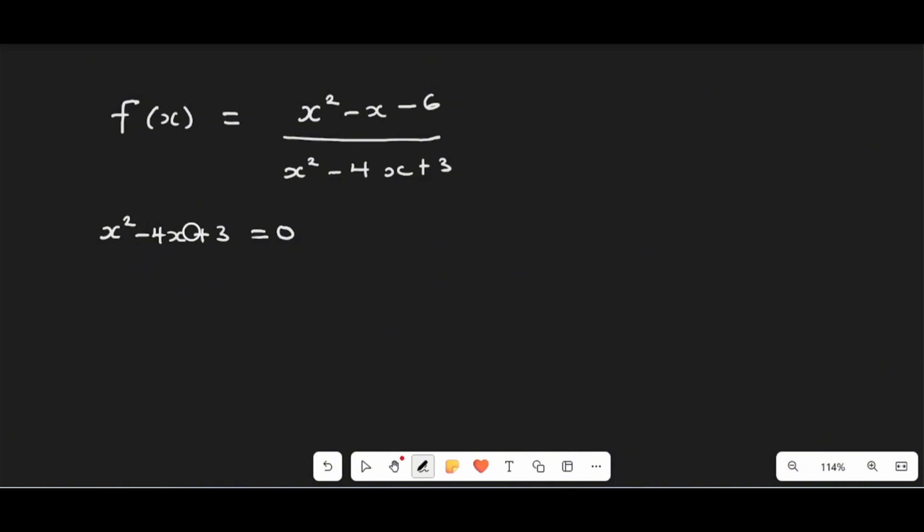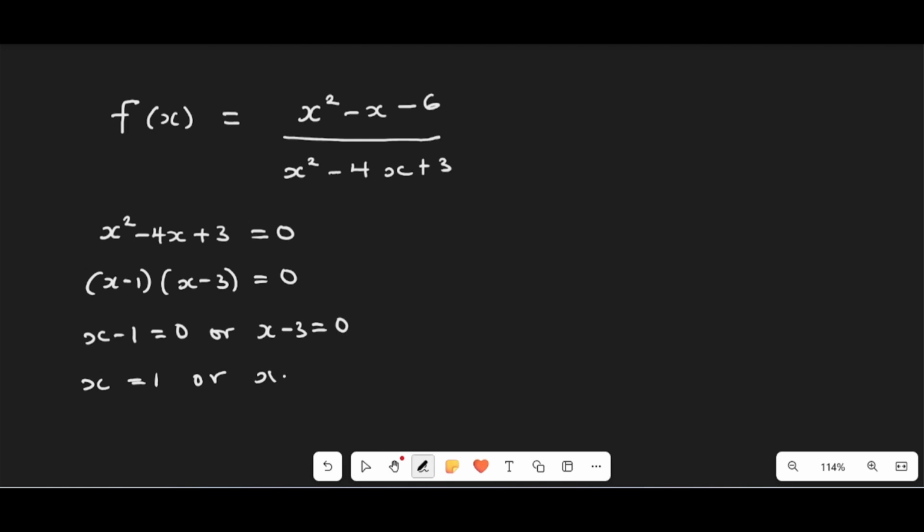And the factor form of this expression is (x minus 1)(x minus 3) equal to 0. x minus 1 equal to 0 or x minus 3 equal to 0. x equal to 1 or x equal to 3.